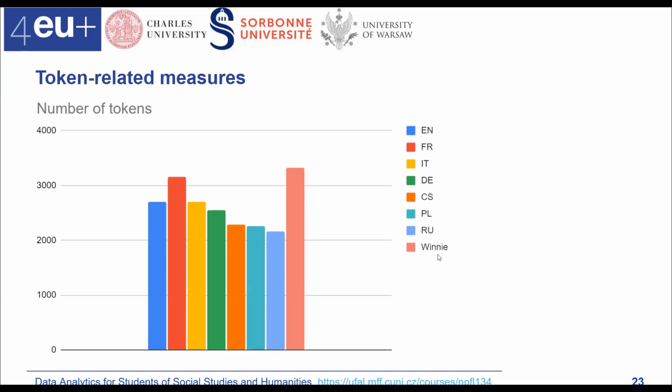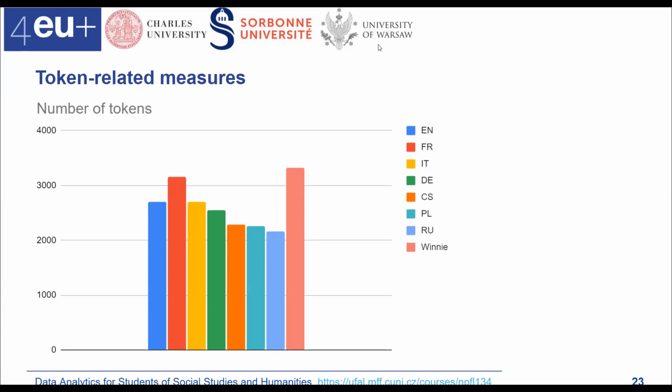It was about 17,000 characters, and it took about the first 1.5 chapters of the Winnie the Pooh book. So I made the text out of 1.5 chapters, and I've analyzed it alongside and compared it with the others.